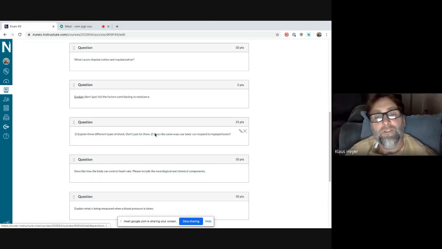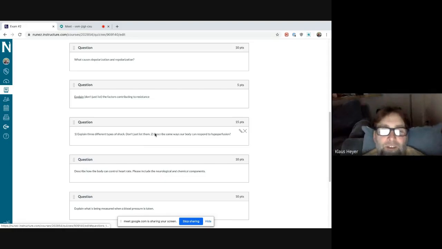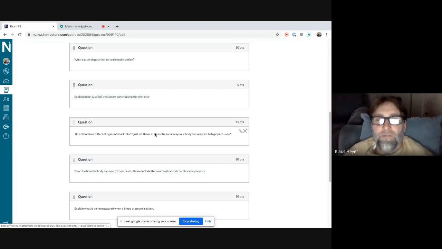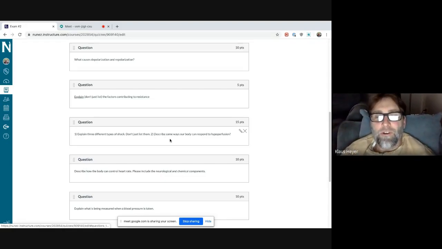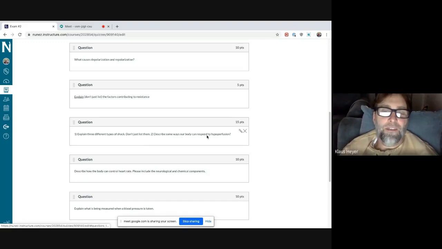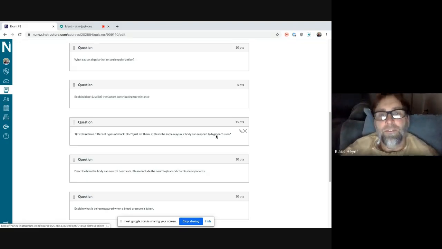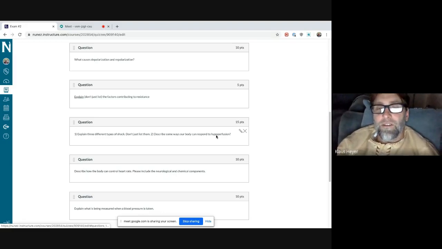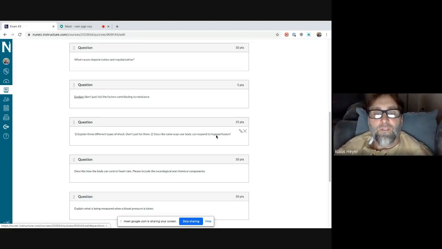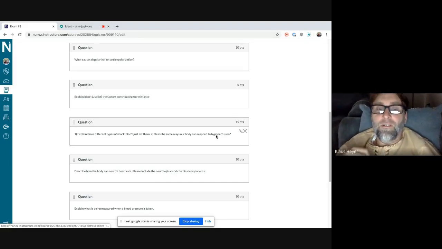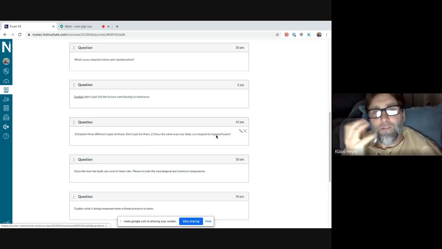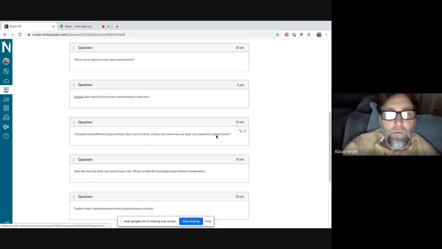And then part 2, which some of you didn't address: describe some ways our body can respond to hypoperfusion. Again, it's a general question. Technically you didn't talk about hormones, but you talked about vasoconstriction and conserving water.